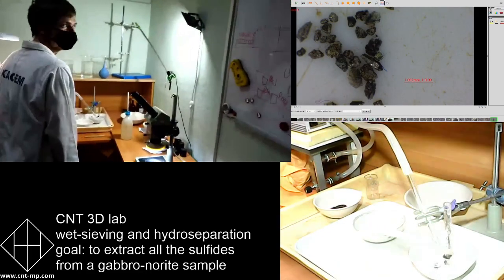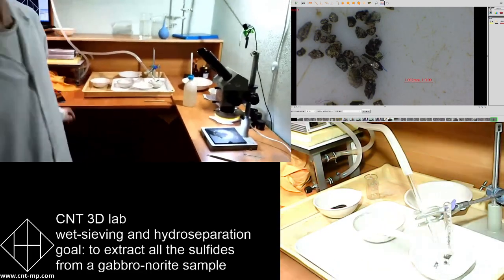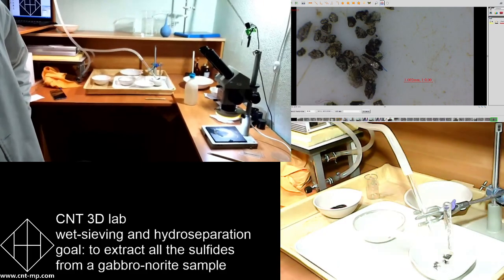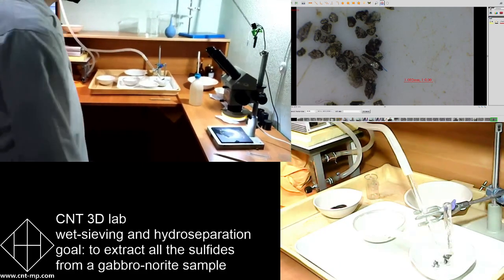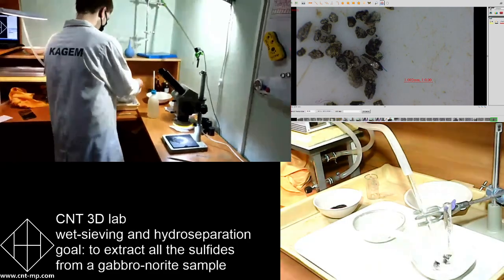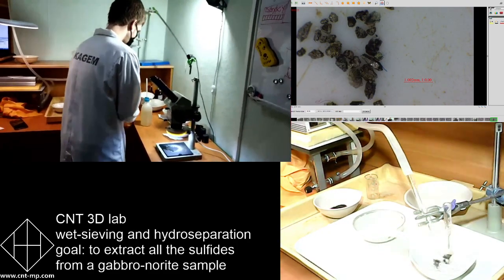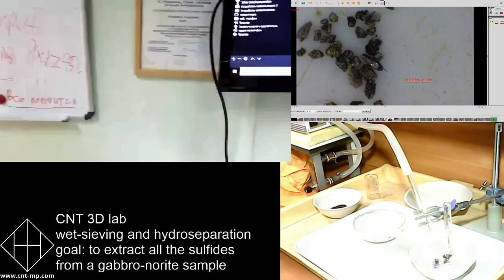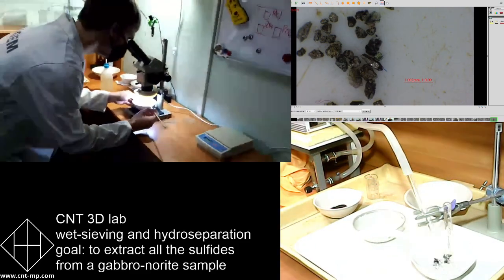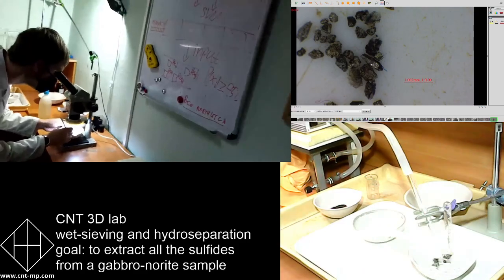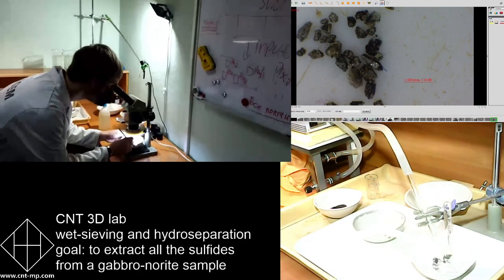Oleg is doing a little bit of rearrangement of the frames. So which fraction is it?